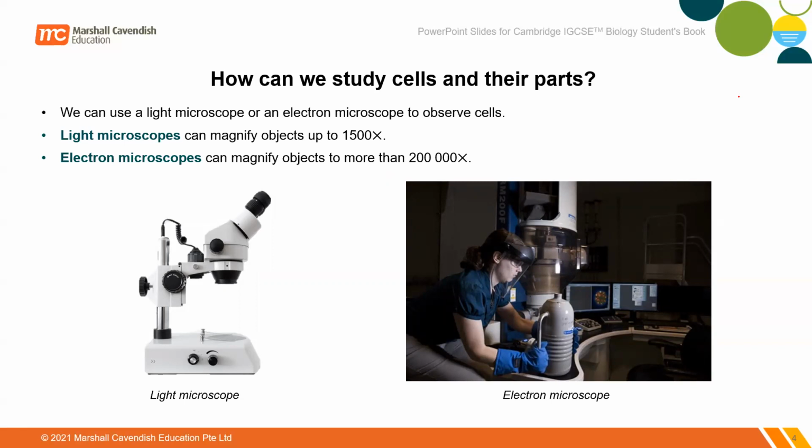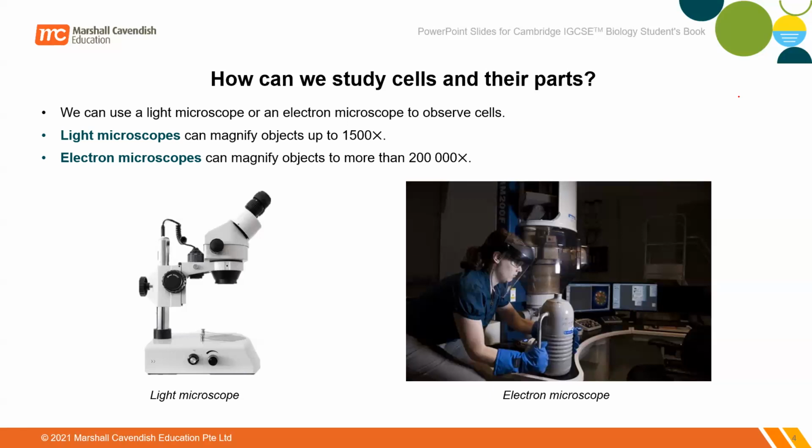So light microscope is a type of device that can magnify objects, and this magnification is up to 1500 times. However, electron microscope is also an electric device, and it can magnify objects to more than 200,000 x. So what is the difference between both?